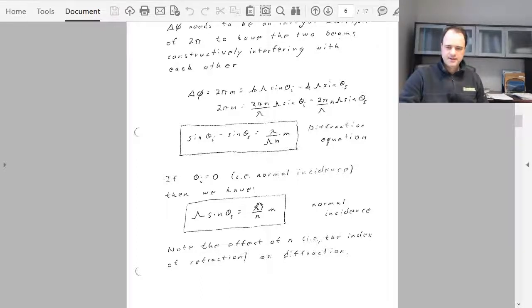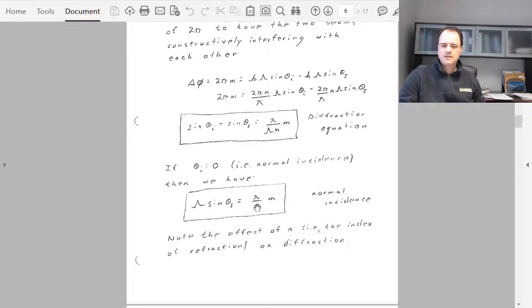If you just have lambda effective, you would have the traditional d sine theta is equal to m lambda, which is what almost every physics textbook does. But I have capital lambda as the period, so it's capital lambda times sine theta, and I keep the n outside. I explicitly state what n is in the free space lambda in the vacuum.